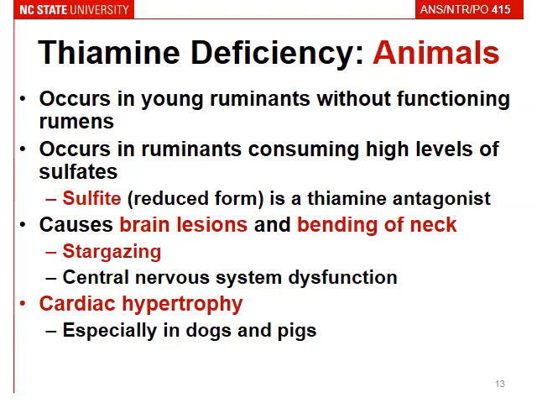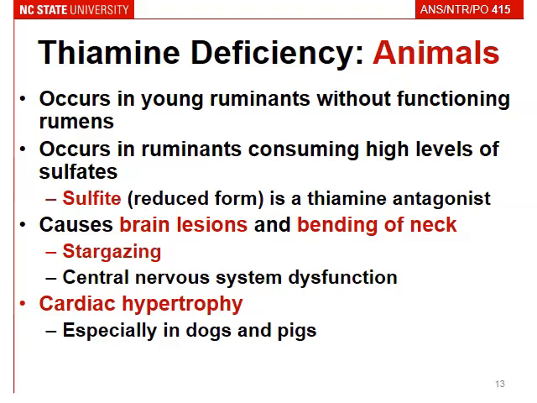In addition, some of these ruminants may be consuming a diet that has high levels of sulfate. The reduced form of sulfate is actually an antagonist to thiamine. It will bind thiamine and keep it from being absorbed by the animal.